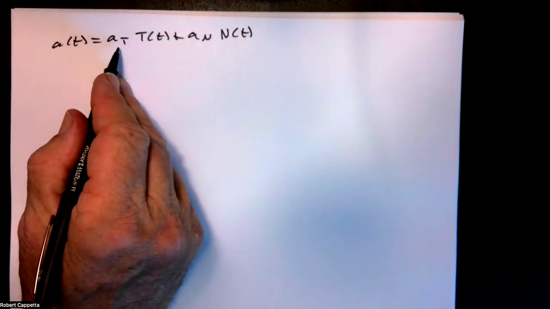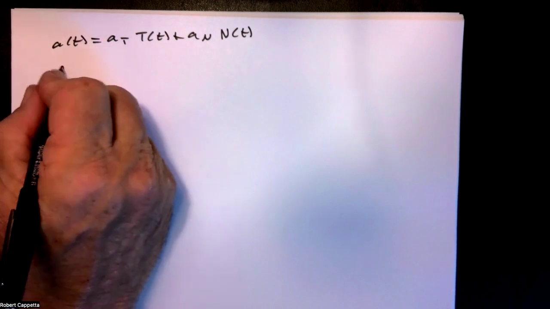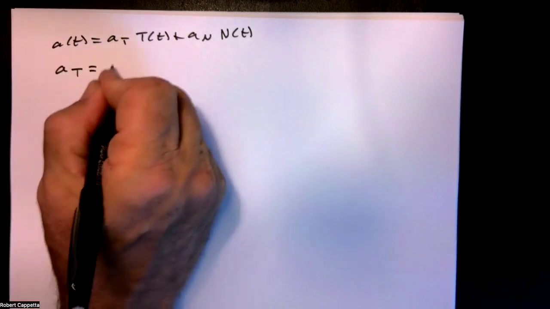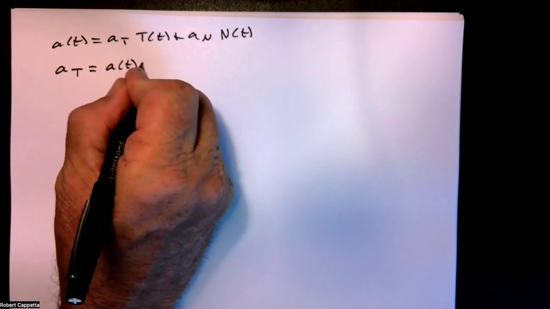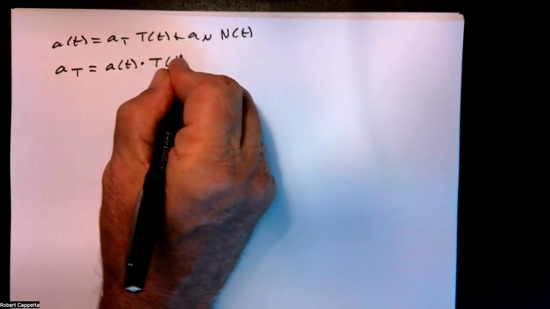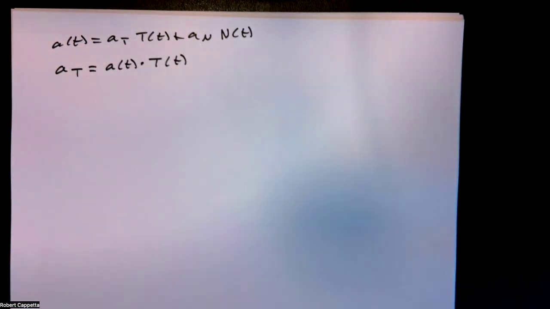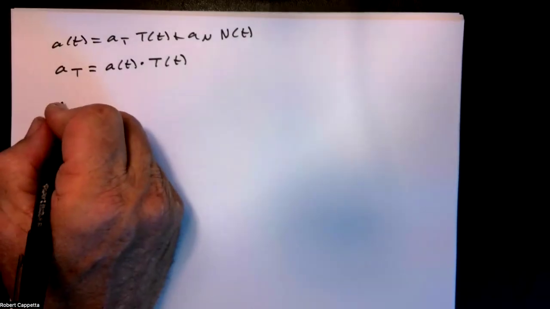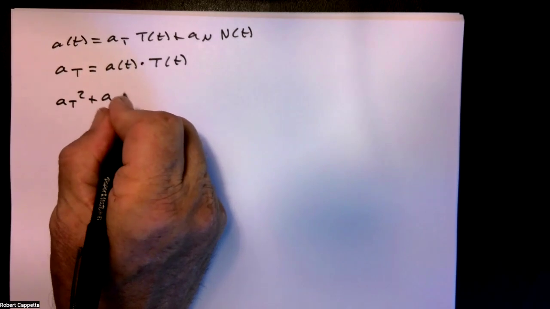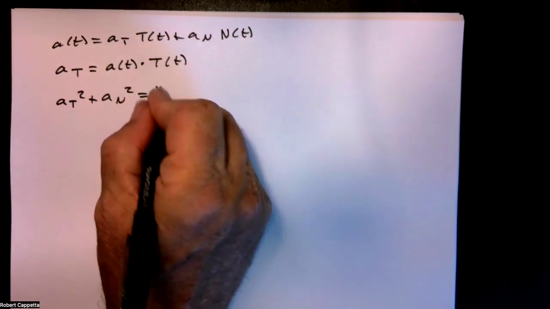Now, how do we get A sub t? A sub t is A of t dot T of t. Then how do I get A sub n? I use the Pythagorean theorem that A sub t squared plus A sub n squared is the magnitude of A squared.